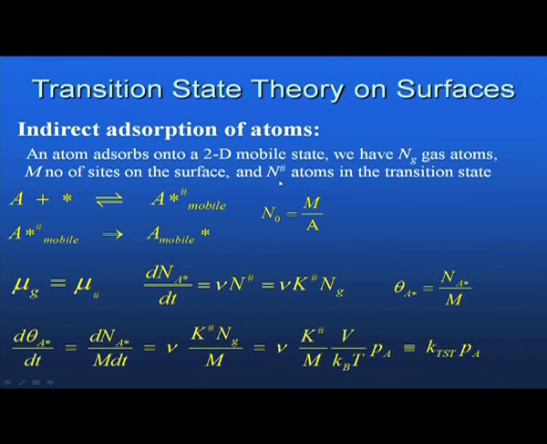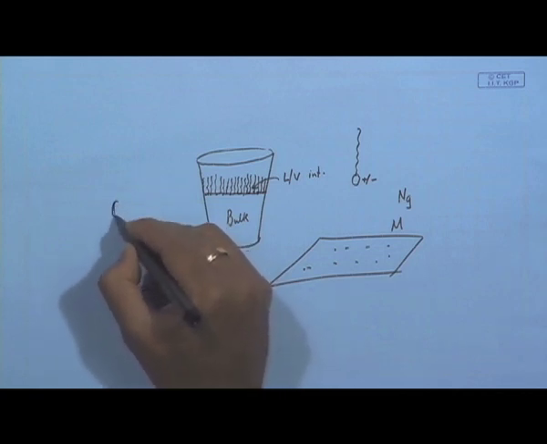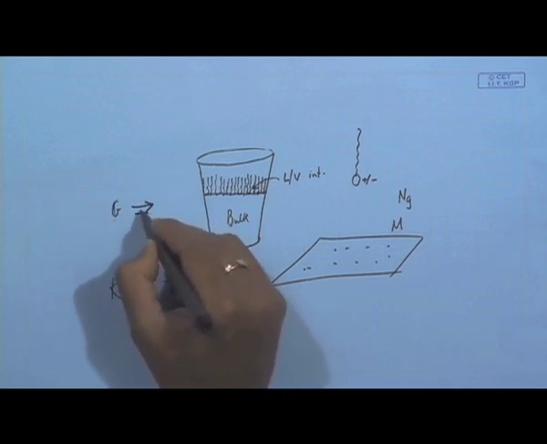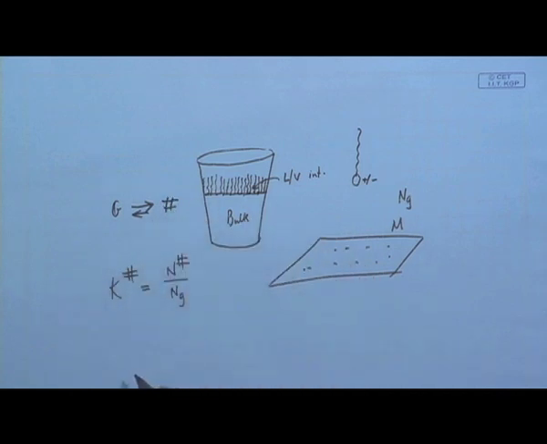Okay. And where k double dagger is the equilibrium constant, which is n double dagger divided by n g. So, it is g to double dagger kind of thing. Okay.